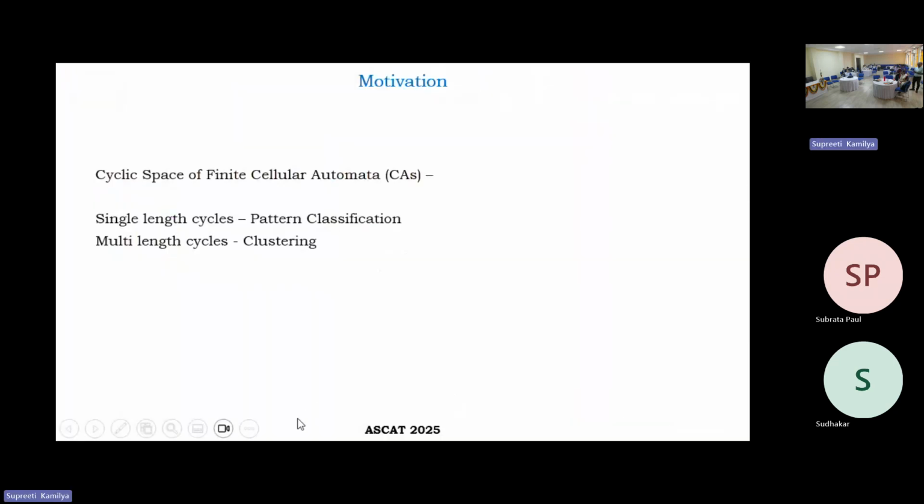The cyclic spaces are mainly attracted by researchers not only for theoretical interest but also in the field of technological advancements. One of the key points is machine learning, where single-length cycle attractors are mainly useful for pattern classification, and clustering can also be handled by multi-length cycle CAs, that means the CAs which produce cycle length more than one.